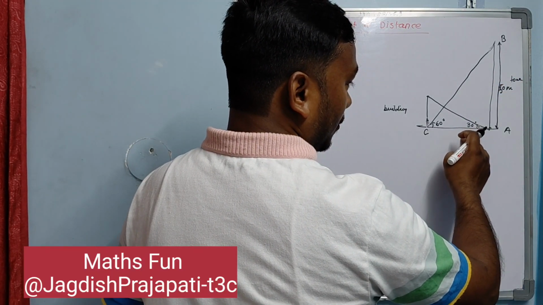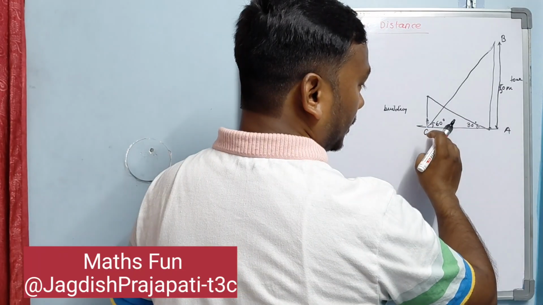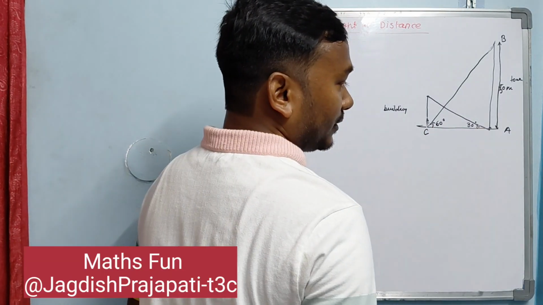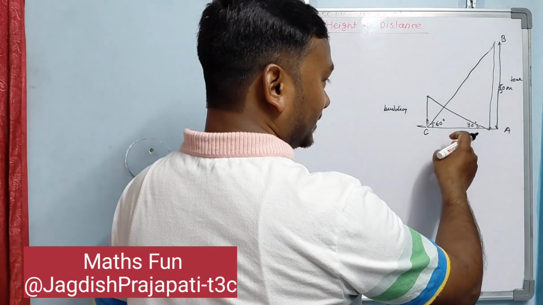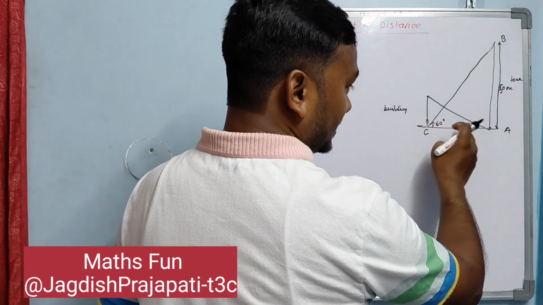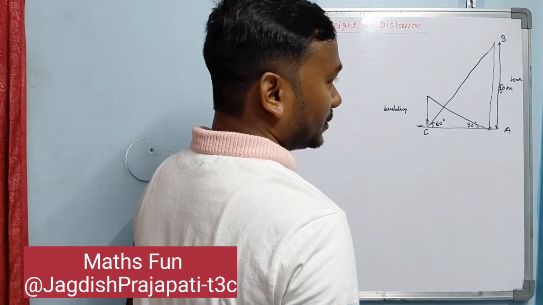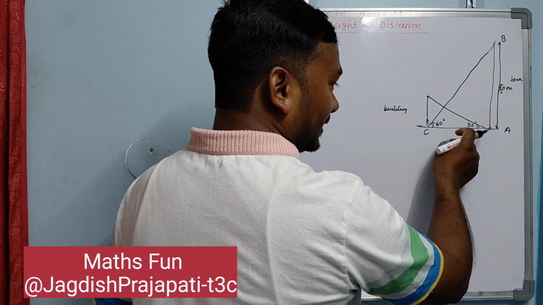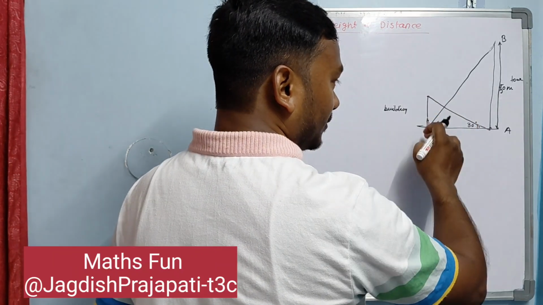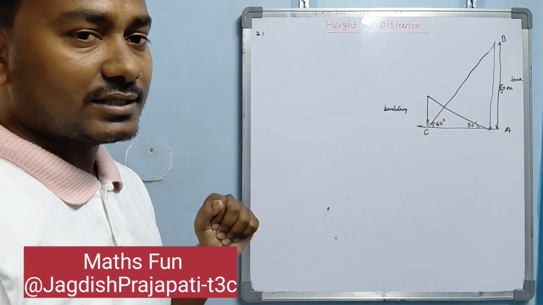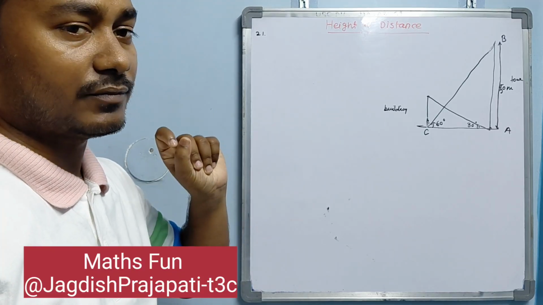Okay, why do we need to calculate this base? Because we are seeing that the base is common in both triangles. So using this triangle we can find out this base, and then using the other triangle we can find the height of the building. So this is the strategy to solve this problem.